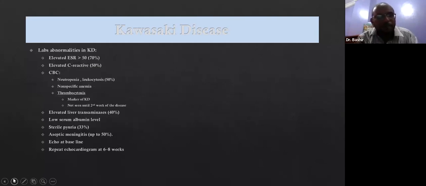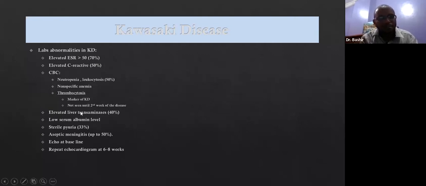Lab abnormalities in Kawasaki: first you will have elevated ESR and CRP. In the CBC, you may have neutropenia or leukocytosis, non-specific anemia, and thrombocytosis. Thrombocytosis is a marker of Kawasaki disease, not seen until sometimes the second week of disease, and not common in the first week.